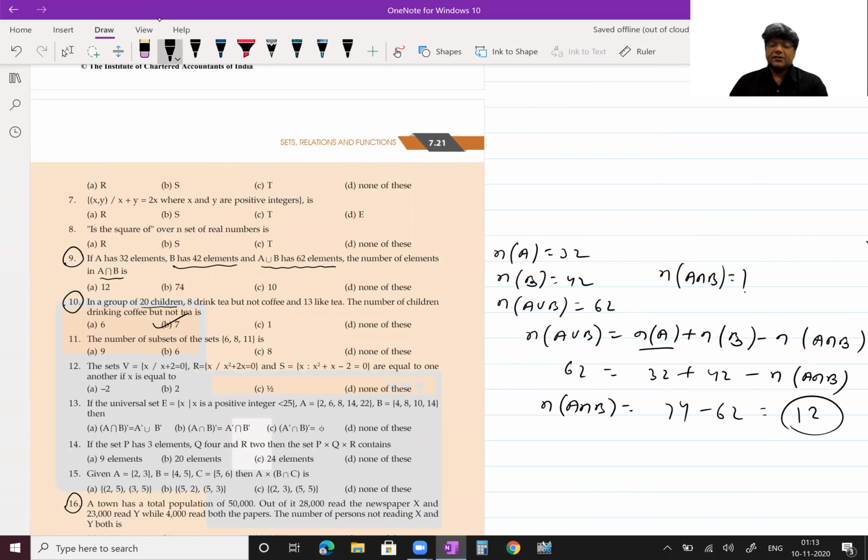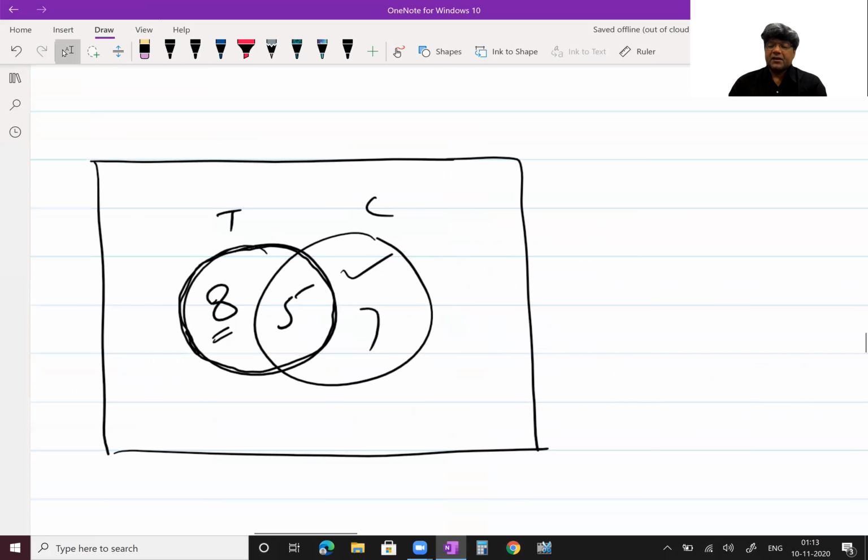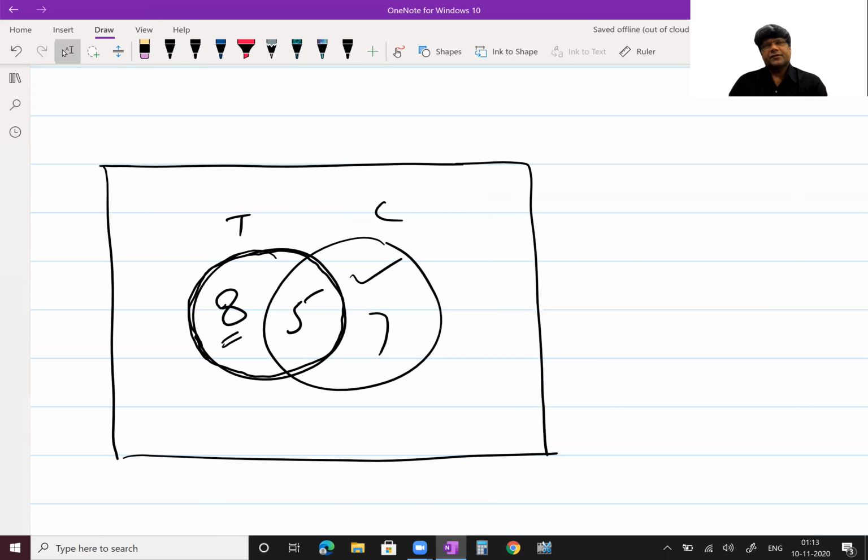But guys, in this question they should have mentioned one piece of information. You know what? That out of these 20 students, there is no student who doesn't like either of these two. That means all the students must like at least one of these two drinks. Why I'm saying this, because 13 here, 8 and 5, and total 20, so the remaining 7 I marked here.